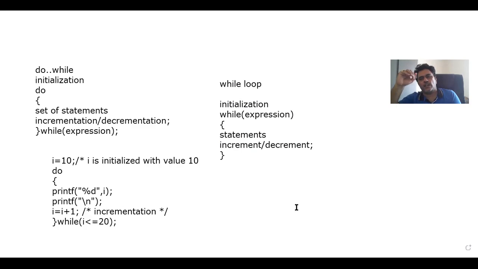In do while, after entering the loop, one iteration is completed, then it will check. But both will give the same output. The output will be the same, but the execution process will vary a little. That's why we'll go for the while as compared to the do while. Let's see the same program or some other program with the help of the do while.